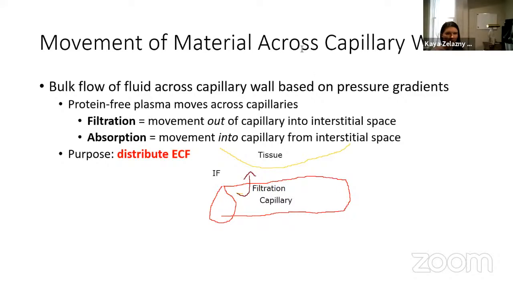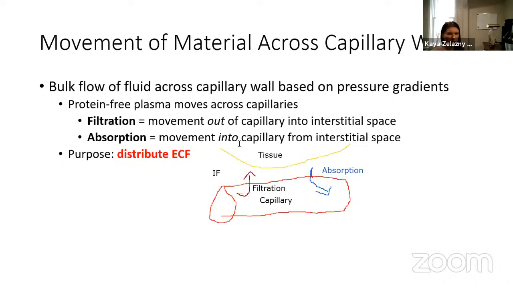We're moving the opposite direction. Right, if we're moving from the interstitial fluid into the capillary, we have another word for that. So we're going to call that absorption. Sometimes you may see it referred to as reabsorption.